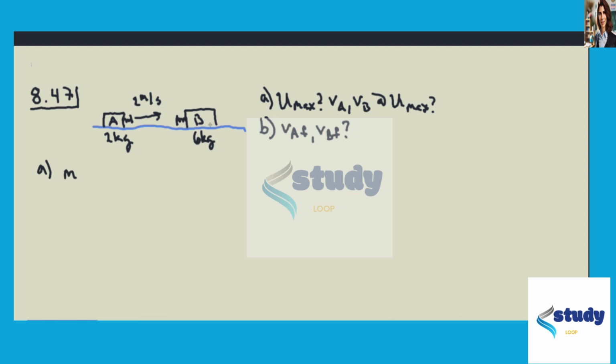So to find the speed of both of them when they're moving together with the maximum potential energy, we use the conservation of momentum. Since they're moving together at the same speed, they behave as one mass, with the total mass equal to the sum of their individual masses, and we'll just call this speed v.